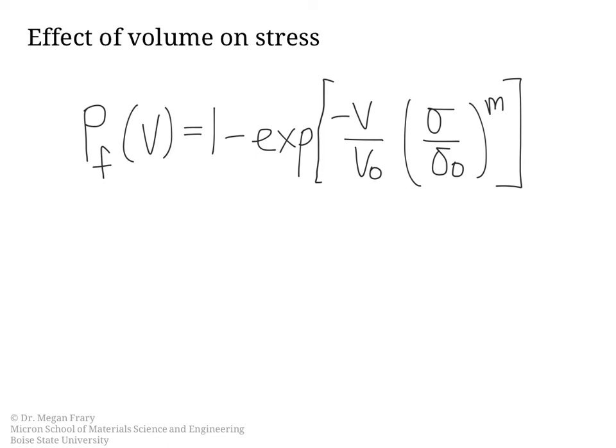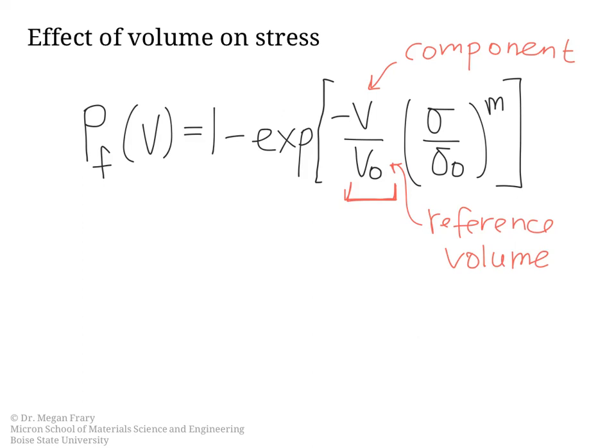So you'll notice the only difference now is that we have this volume term in here as compared to before, where V is the volume of the component and V naught is the reference volume. So that would be, V naught was essentially the little volume on the previous slide.